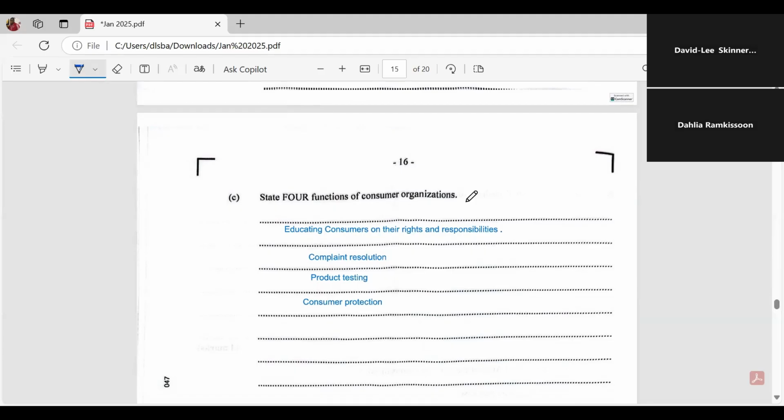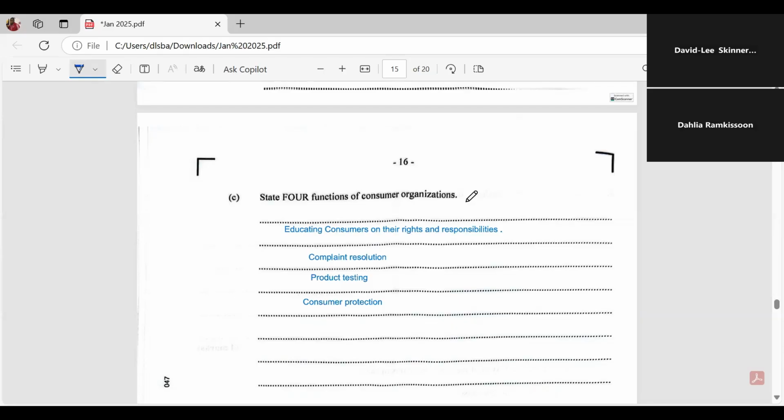So different things they do to educate them about their rights and responsibilities. Because how would you know if your rights are being violated if you don't know what your rights are? And then at the same time, you need to know what your responsibilities are as well. What you're supposed to do as a consumer, which will help protect your rights.